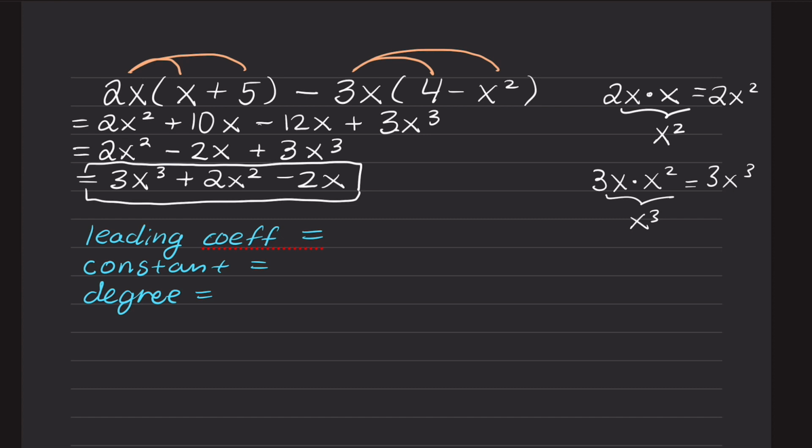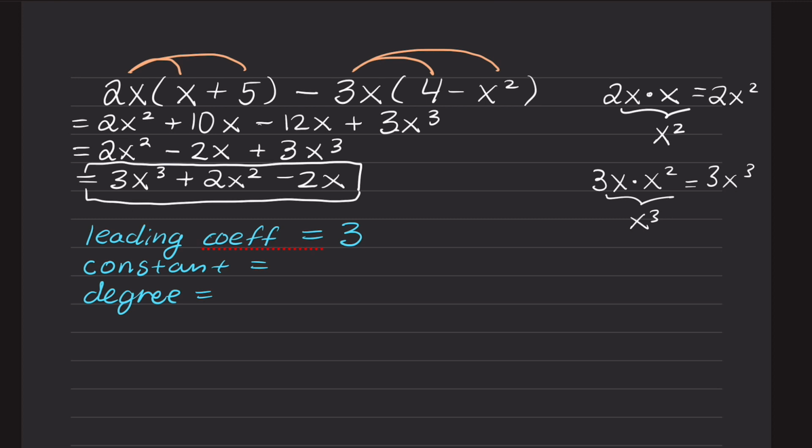Well, when we look for the leading coefficient, we're looking for the leading term, which is the term with the highest degree on our x. If we put it into standard form, it's just going to be the term up front. So we already put this into standard form. So our leading term is 3x cubed, so our leading coefficient would be 3.